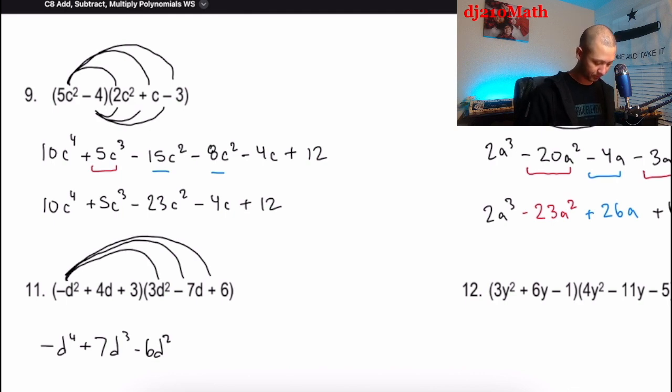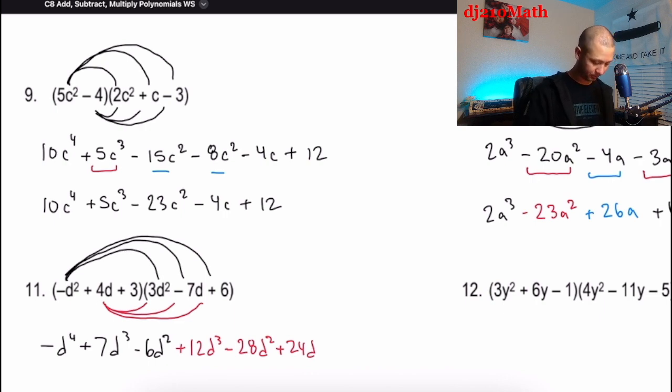Middle term. Plus 12d cubed, minus 28d squared, plus 24d.